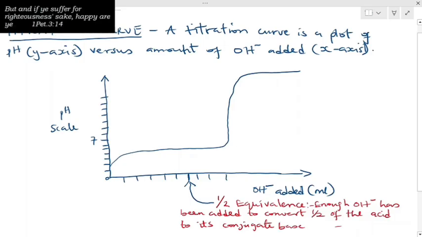Good. So that's what the half equivalence point is about. Just enough hydroxide ion concentration has been added to convert half of the acid to its conjugate base.